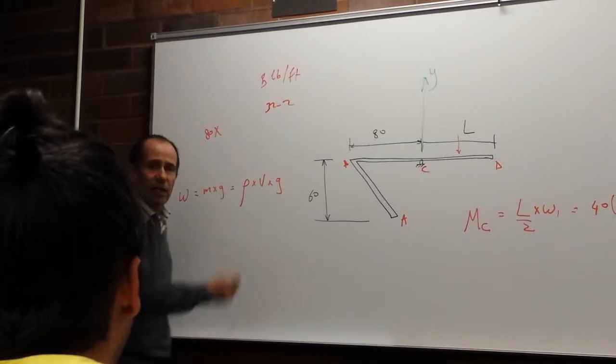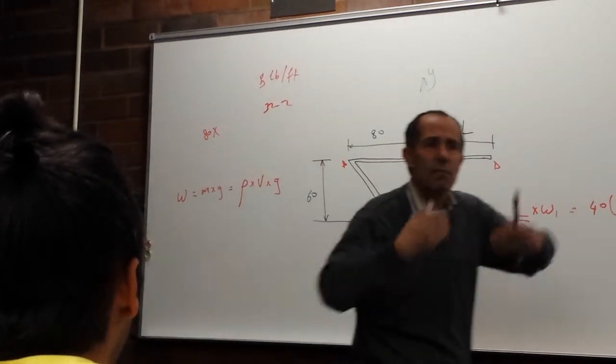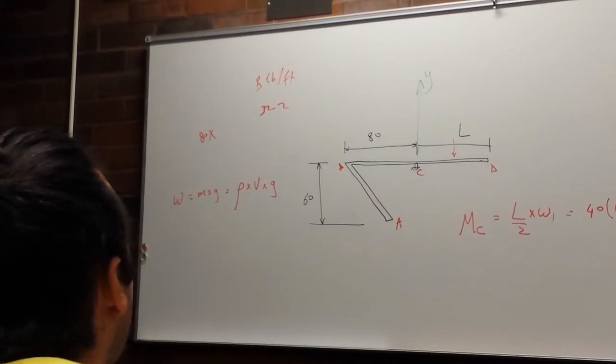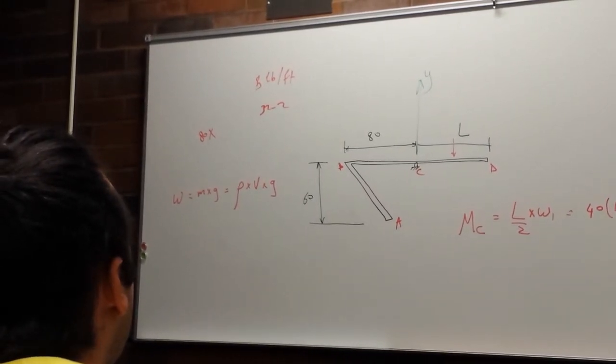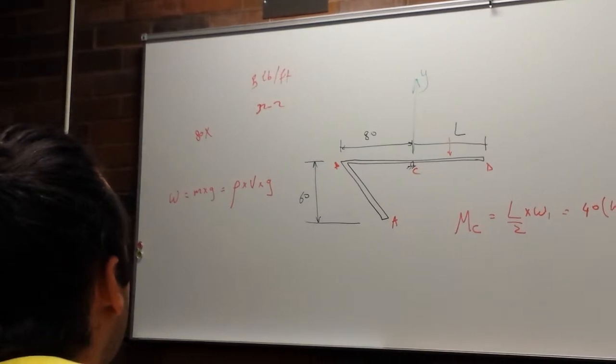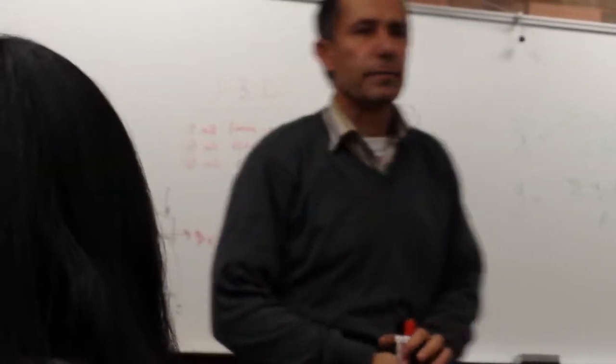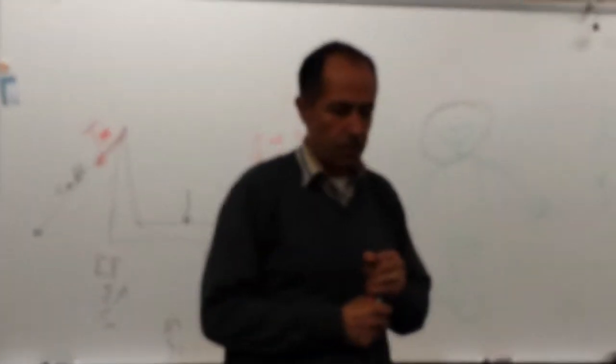So the G and the rho are going to be the same for each one. In this case, you can, through the moment, find that the moment at that point is 0. So either you use this method or this method, you should be able to find the length of L to make it the same. Okay, I hope I answered your question.